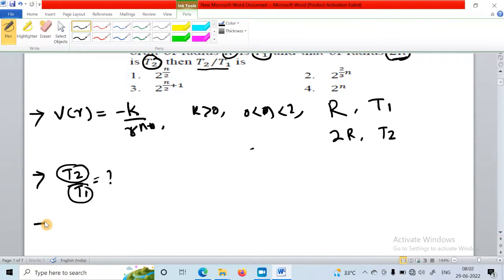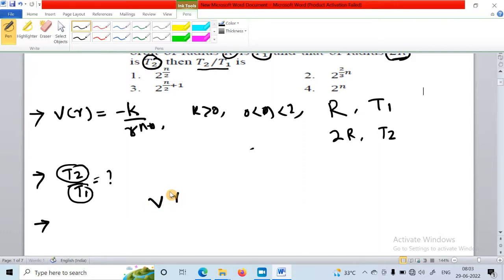Now the third step is generally used to find out what the formula and the concept are. Here we want to find the concept behind this problem, and the concept is very simple.